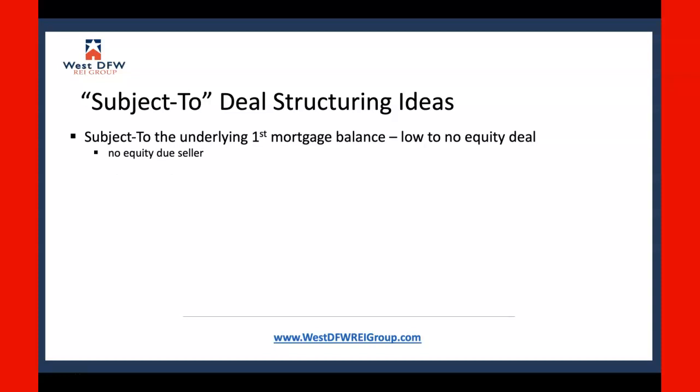This is a scenario where the seller is due no equity because there's nothing in the house to give, okay? And the buyer will begin making payments beginning 30 days after closing. So, by the way, backing up here, when we say low to no equity, we're talking about equity of any kind of significance that you can give the seller.